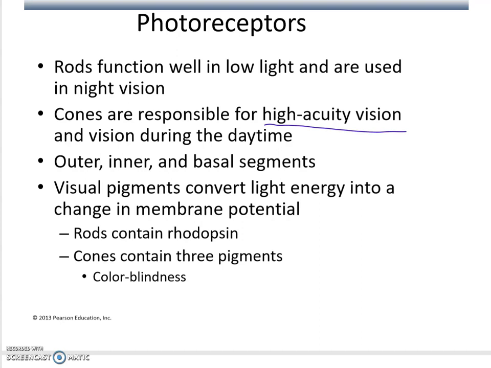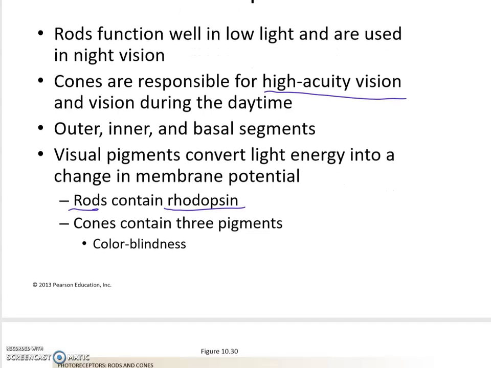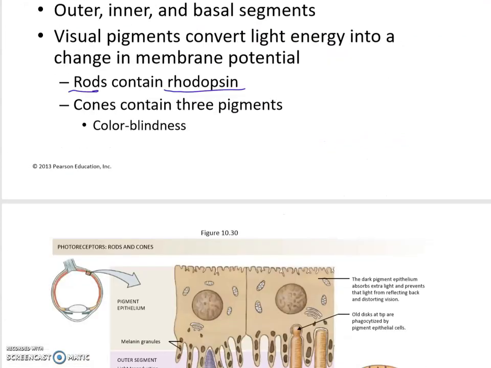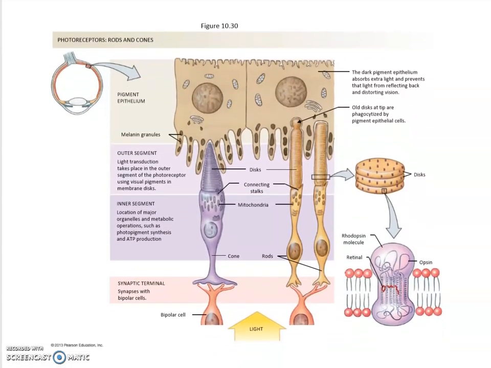The visual pigments convert light energy into changes in membrane potential, and these action potentials are then transported to the brain for evaluation. Here again, the rods contain the photopigment rhodopsin, and that's the one I would like you to know. The cones have 3 different pigments that I don't think you need to memorize here.